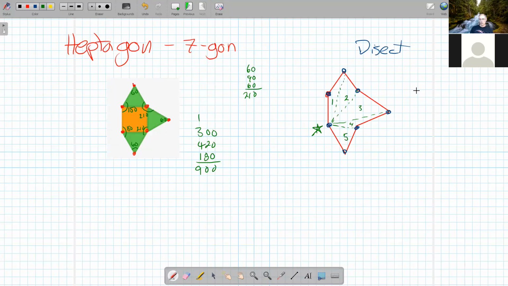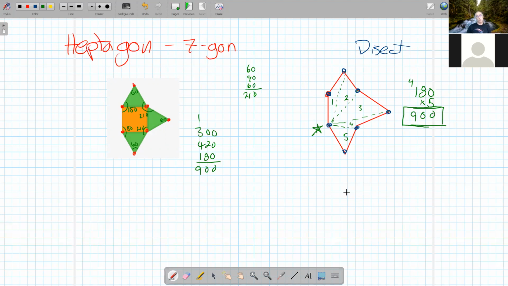And so I need to figure out what is 180 times 5. So let's see, 5 times 0 is 0. 5 times 8 is what? 40, carry the 1. 5 times 1 is 5, plus 4 is 9. Okay, yeah, there's 900 using the dissection technique.